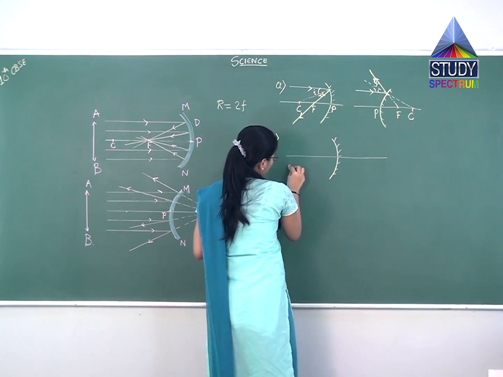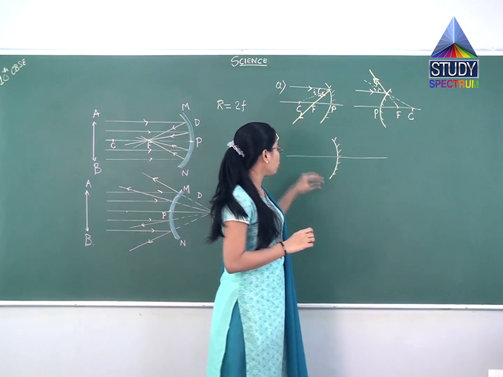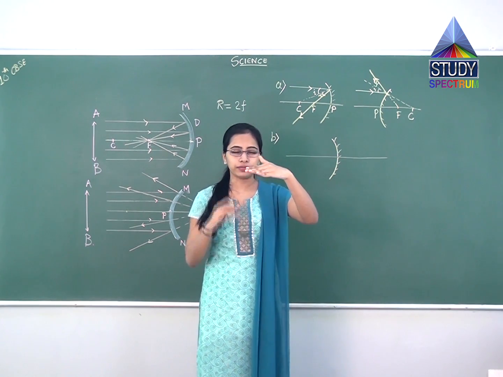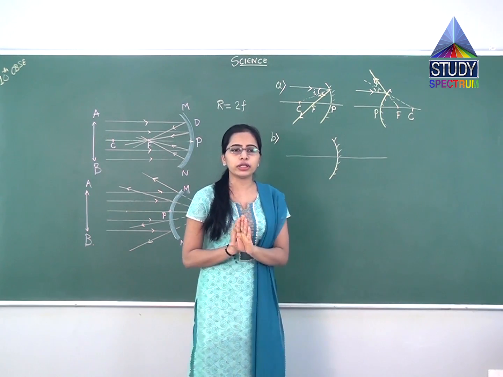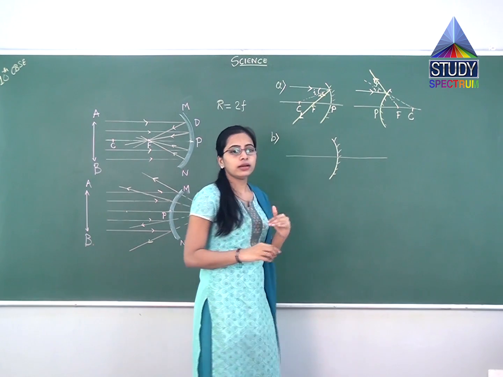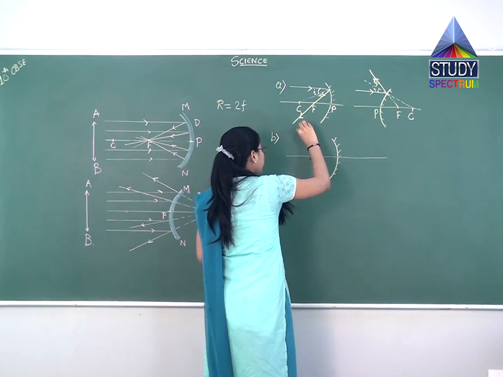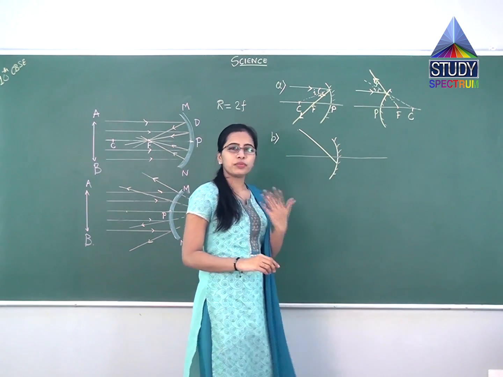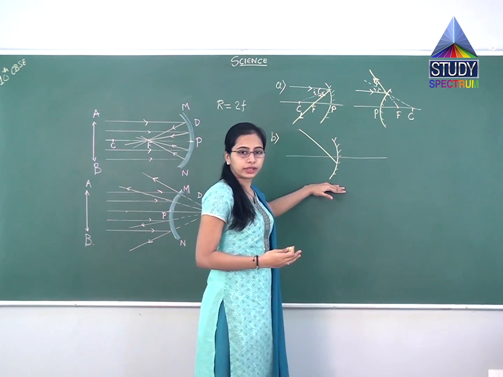Now I am not taking the condition that the distance between the incident ray and the principal axis must be equal to the focal length. This condition is not taken here. The thing is that your incident ray here is not parallel. It can be incident at any angle on the mirror.